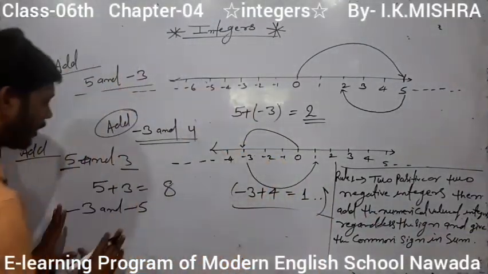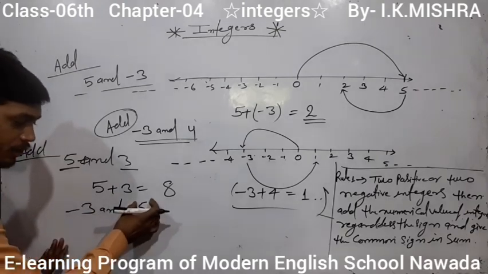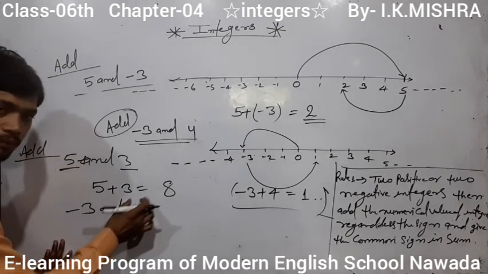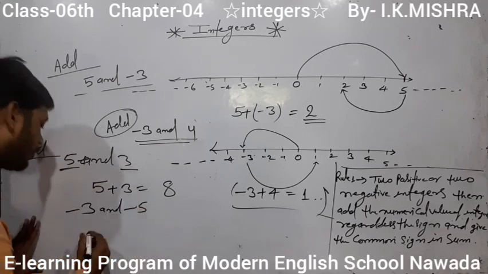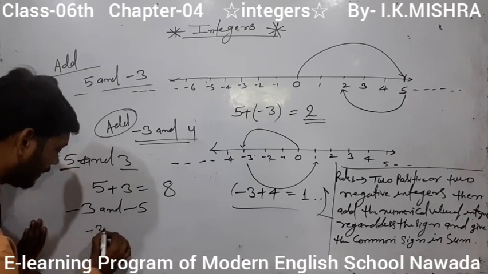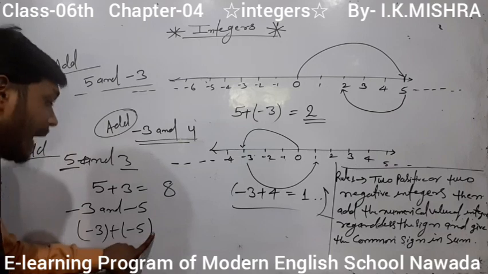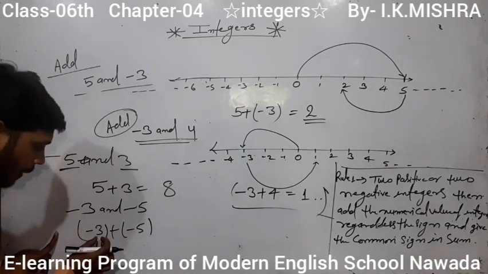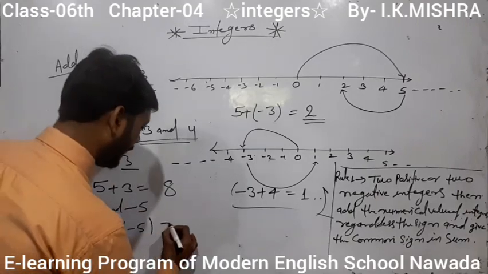First of all add their values regardless of sign: the values are 3 and 5. It will be written as minus 3 plus minus 5. First add the values 3 plus 5, which is equal to 8.